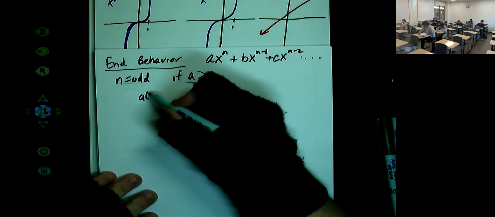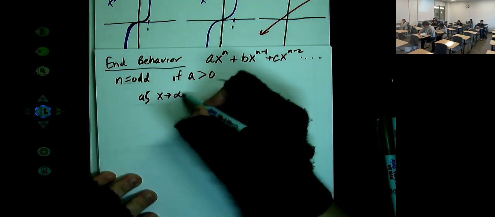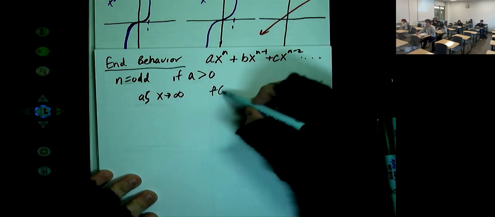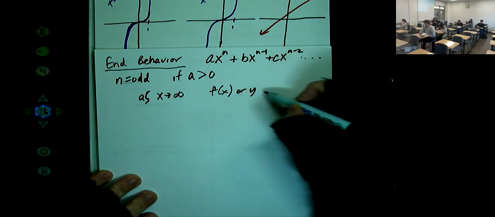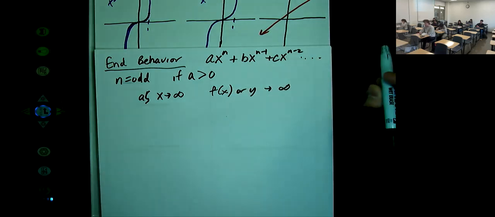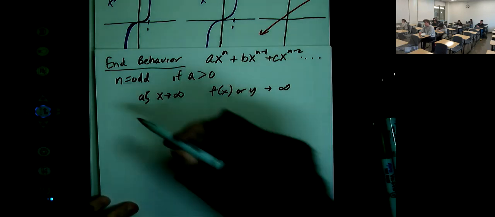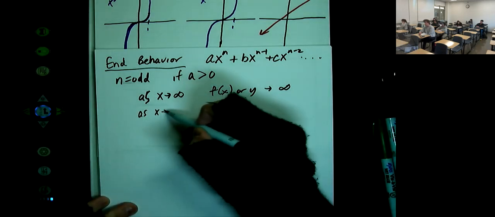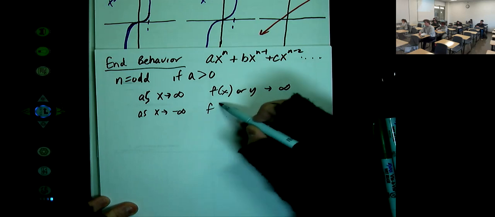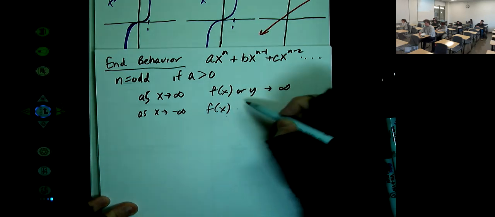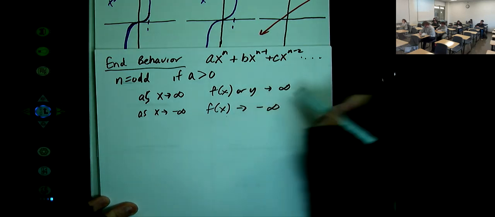As x goes to positive infinity, f of x or y goes to positive infinity. And as x goes to negative infinity, f of x, which is still y, it goes to negative infinity.